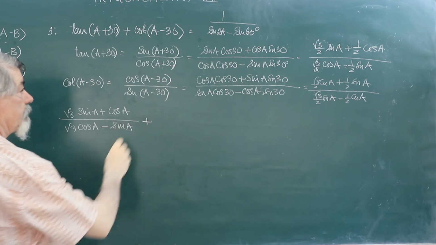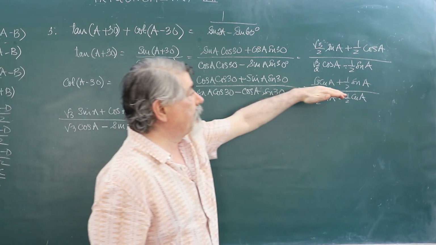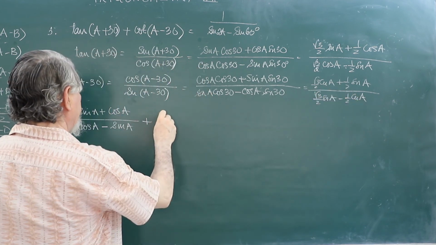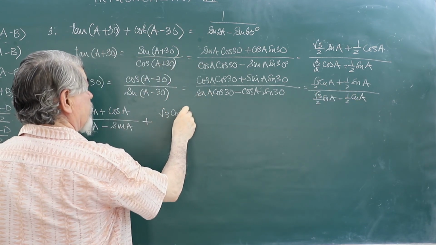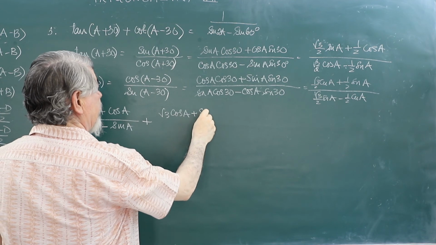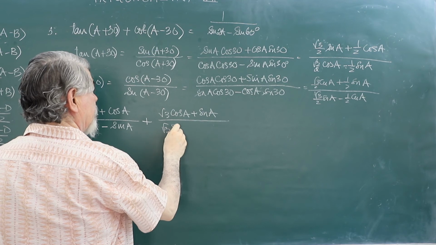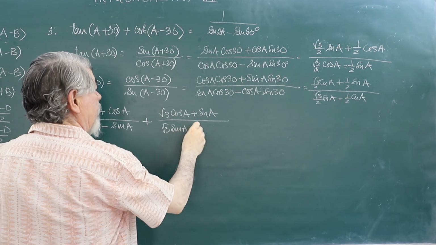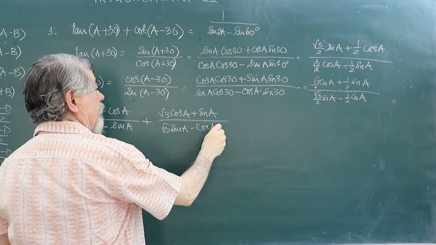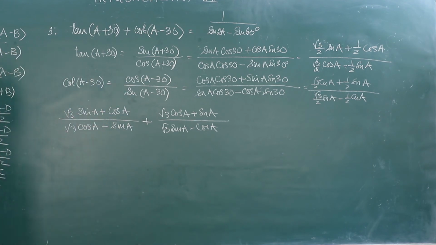Similarly, plus, we'll take 2 as LCM here, it will become root 3 cos a plus sin a upon root 3 sin a minus cos a. We have taken 2 as LCM and cancelled.